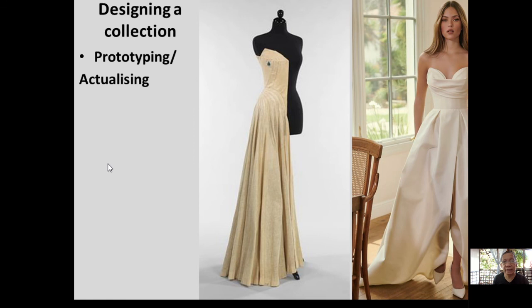So the next is designing a collection, which is your prototyping or actualizing. So you have your muslin, and then your muslin you translate into your real gown. Sometimes the muslin doesn't translate really to the actual, but it should be about 90% close as possible to the actual.